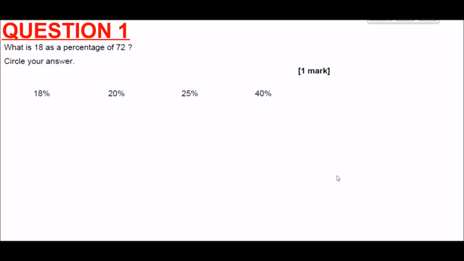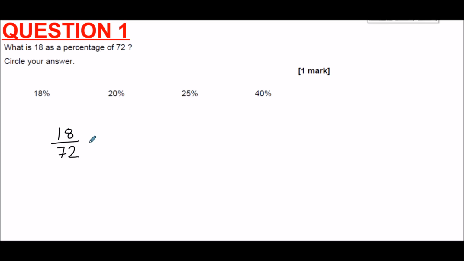Question 1, what is 18 as a percentage of 72? Really, you wouldn't need to use a calculator for this, but seeing as it is a calculator paper, I'll show you how you can use this calculator to do it for you. So 18 as a fraction of 72 would be 18 over 72.